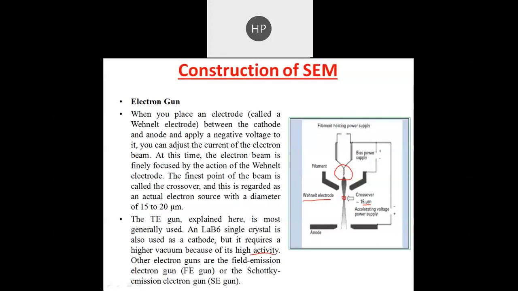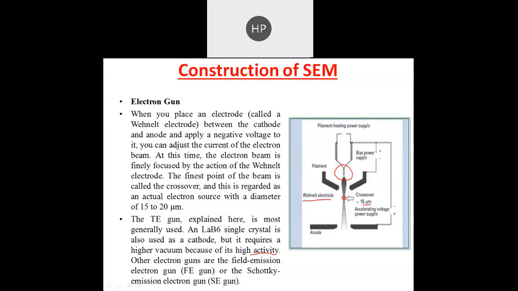And that's why, instead of this lanthanum hexaboride, generally tungsten wire is used, very commonly in most of the SEM analysis. And other electron guns are field emission electron guns or Schottky emission electron guns.